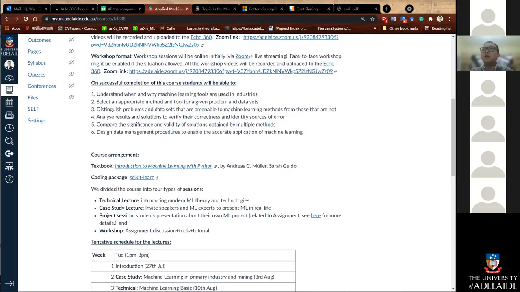MATLAB is the simplest coding language I have ever seen. So if you have the experience of MATLAB, that will be enough because nowadays MATLAB also has a lot of machine learning packages. You don't need to write your own SVM. You don't need to write your own linear regression layers. You don't need to write your own loss function. All these things have been implemented in MATLAB.